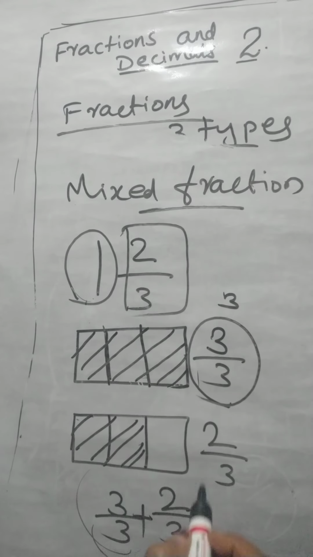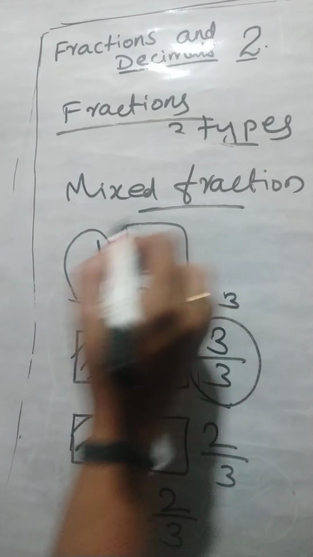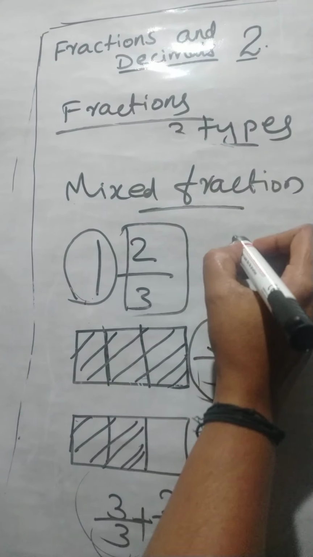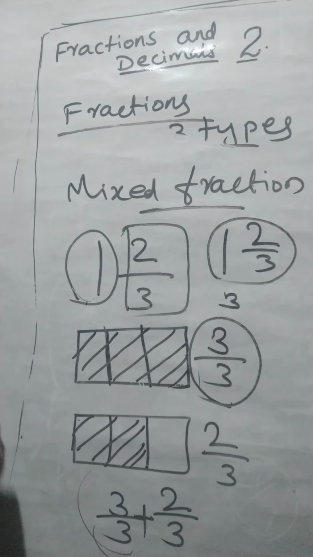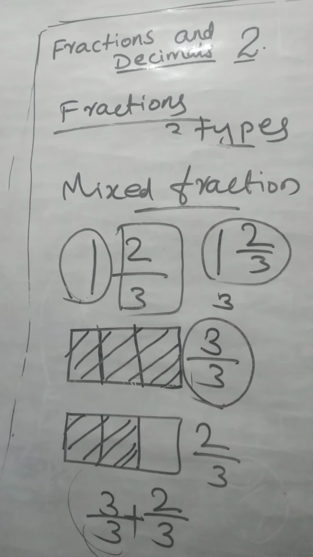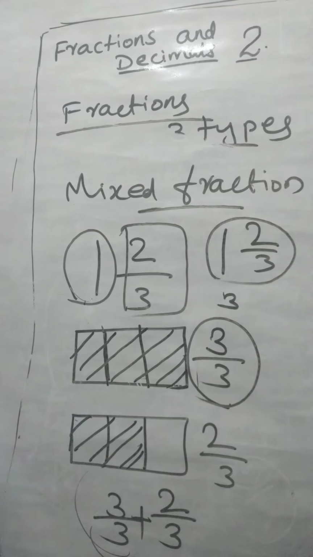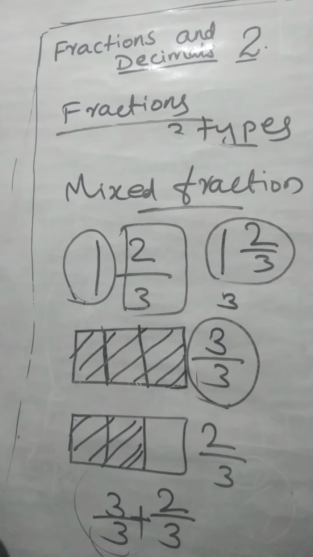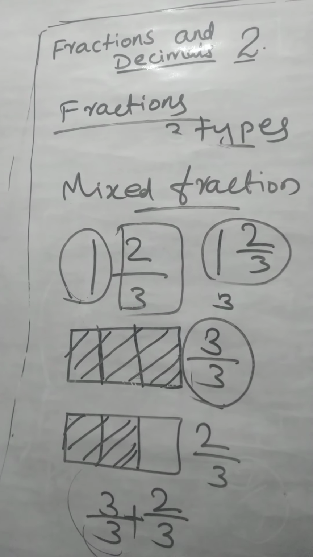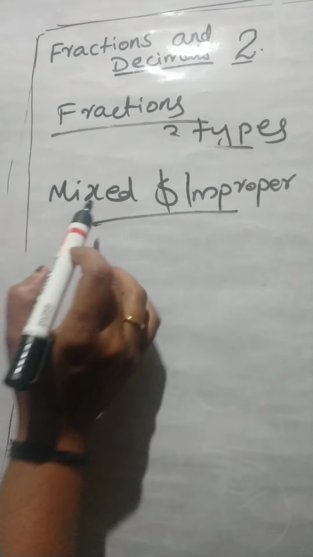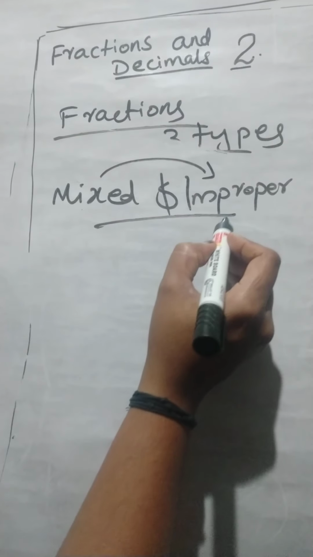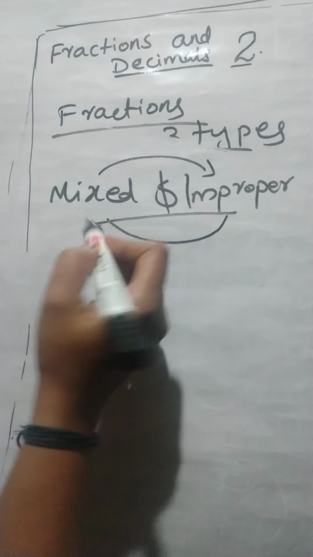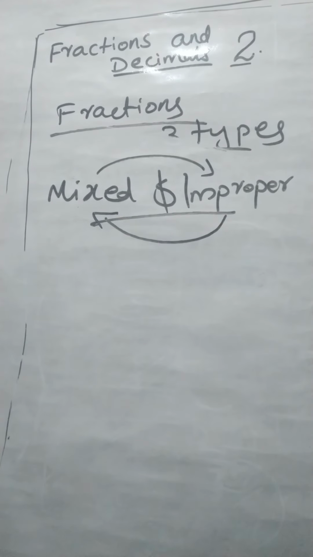So this is represented by a mixed number. 3 upon 3 we know is 1, so 1 and 2 upon 3. The value of mixed fraction and improper fraction is always greater than 1. We can change improper fraction into mixed fraction and mixed into improper.